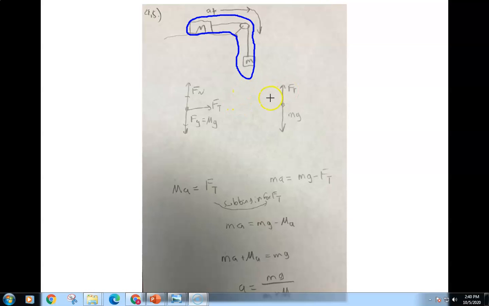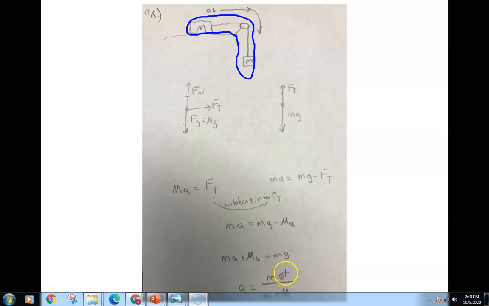Okay. Now if we look at the little m, the force of tension doesn't cut through my box, so we're not going to worry about that. So the force that we're going to deal with is m times g, and that's positive because we said positive is down. We put that on our forces. So acceleration equals force over mass. The forces go on top and the masses go on bottom.